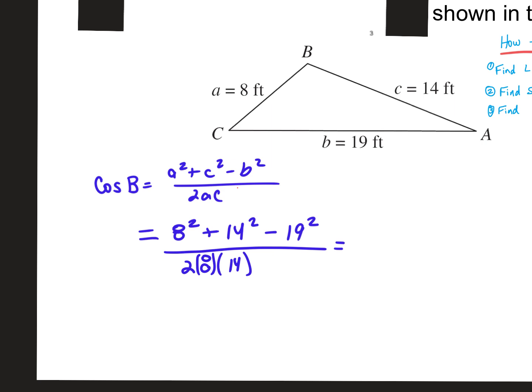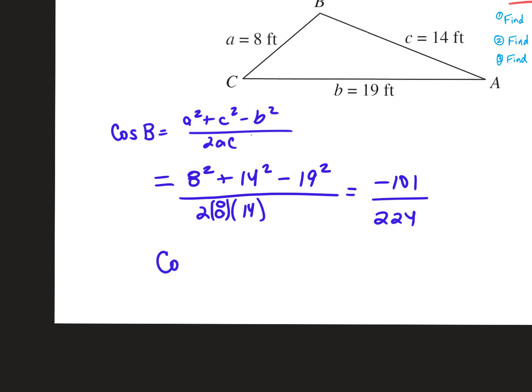If you want to do the numerator all in your calculator, that's fine. Go ahead, throw it in there. Say 8 squared, plus 14 squared minus 19 squared, and you get what? Negative 101 over, what's 2 times 8 times 14? 224, okay? So you guys just found out that the cosine of angle B equals negative 101 over 224.